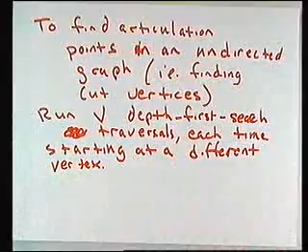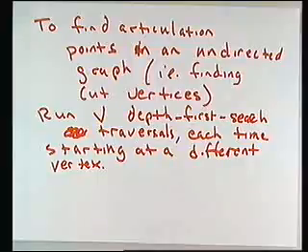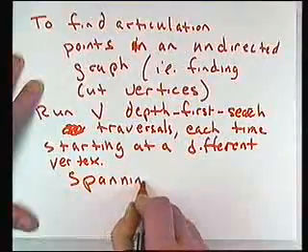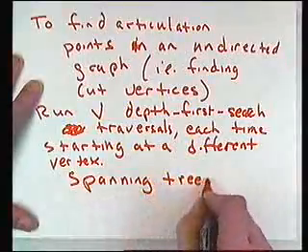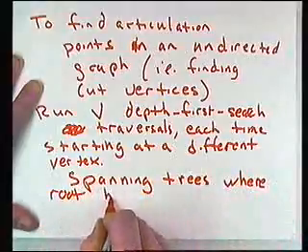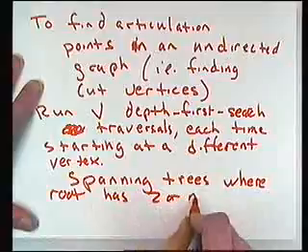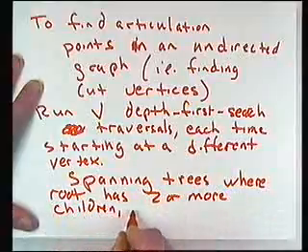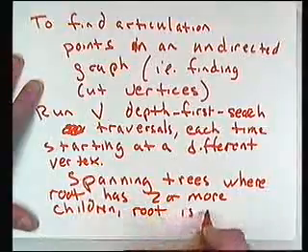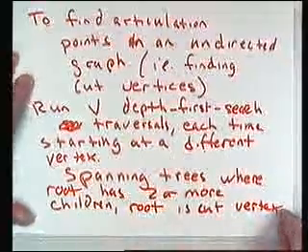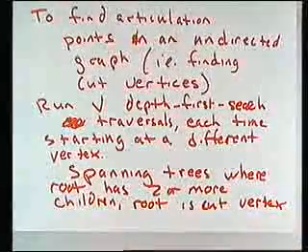So you run depth first search on each of V vertices, and then you look at the resultant spanning trees, and the depth first spanning trees where the root has 2 or more children. The root is a cut vertex. And that's really all there is to it.